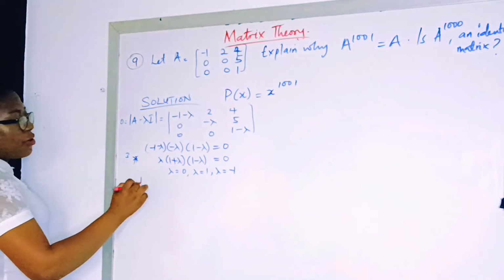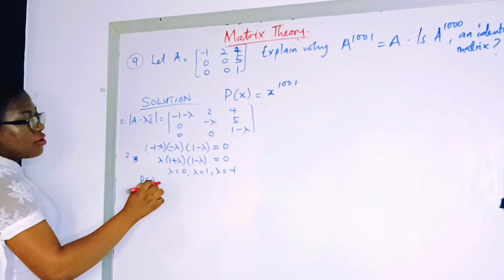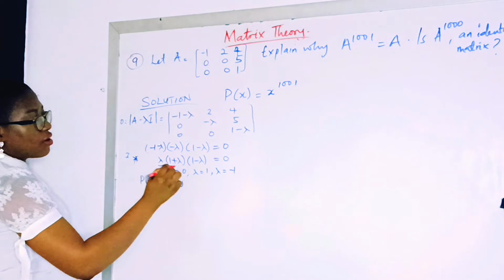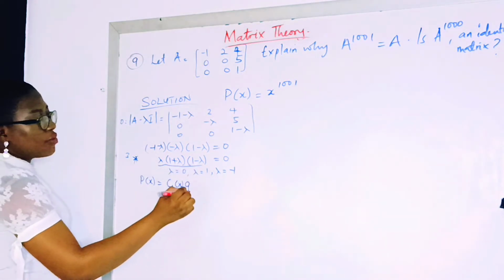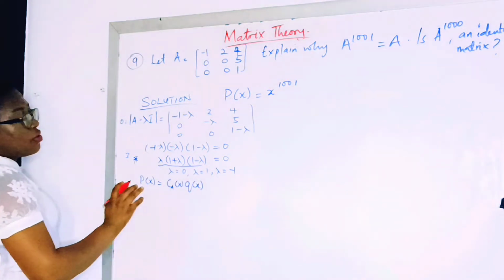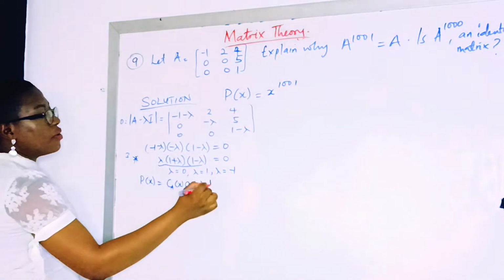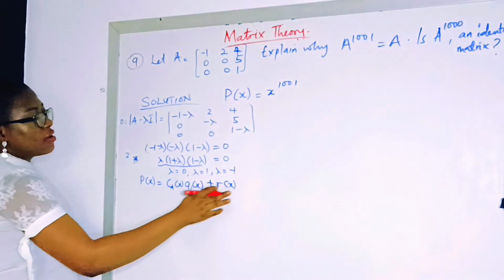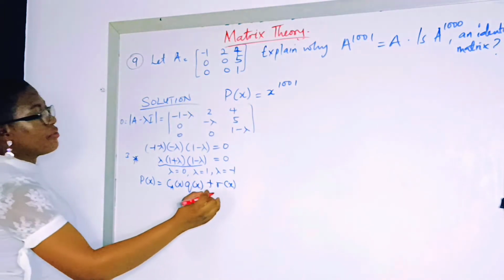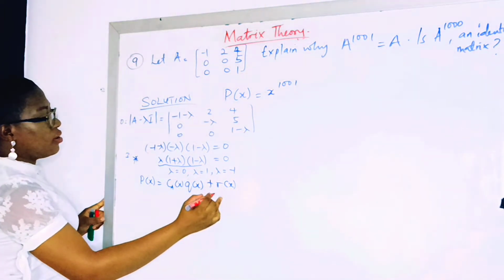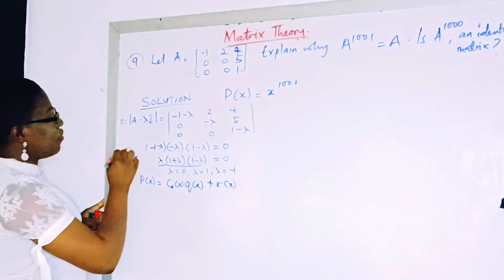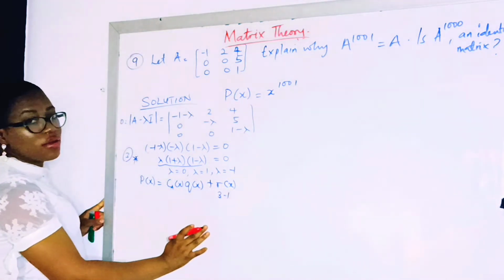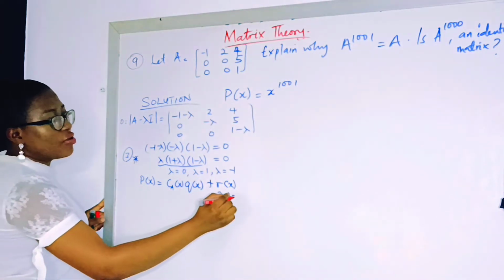And p of x is equal to the characteristic equation of A times some q of x, plus some remainder r of x. The remainder has degree less than the degree of this, so it has degree at most 3 minus 1. It's a polynomial of degree 2.